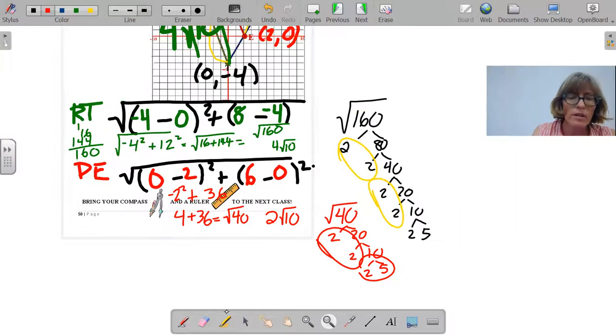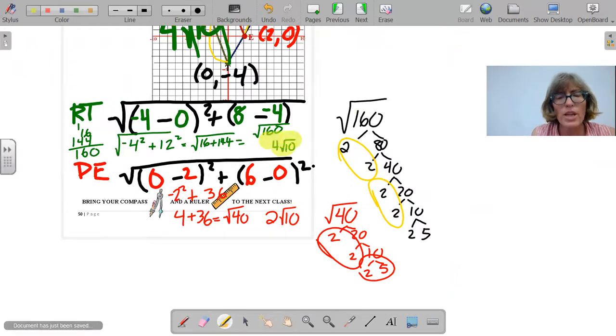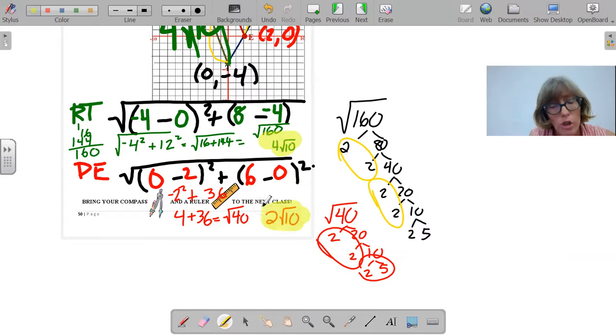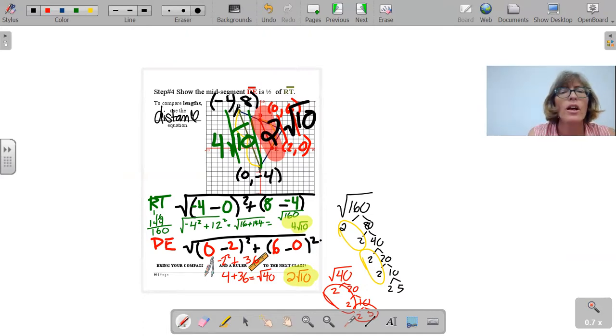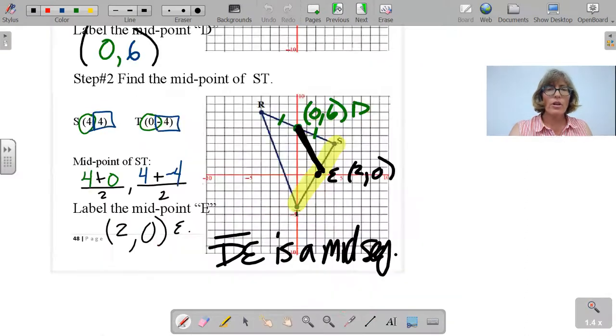Look very carefully. You have now proven that 4 root 10 is twice the length of 2 root 10. So you have proven mathematically that this midsegment at 2 root 10 is exactly half of the third side, which is 4 root 10. We have proven mathematically all 3 things.